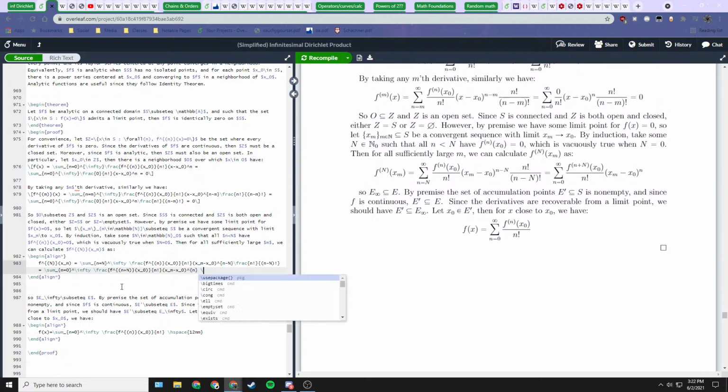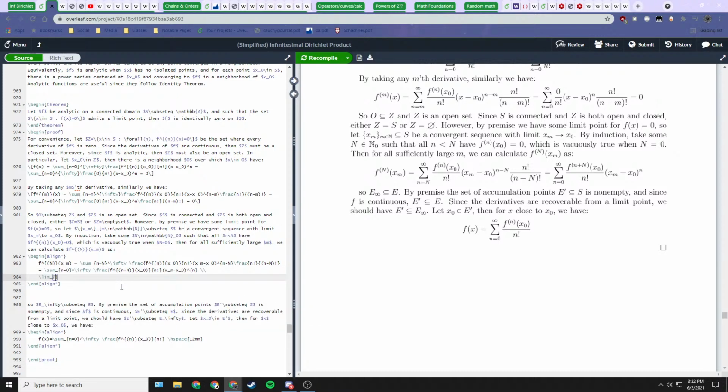And then we can say, limit as m goes to infinity. We say actually the nth derivative of f at x0 is equal to this limit of the nth derivative of f at x_m, and this is just, this doesn't help me at all.